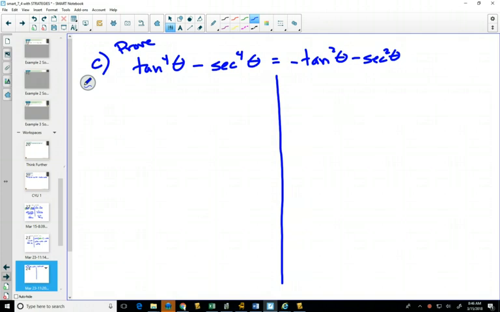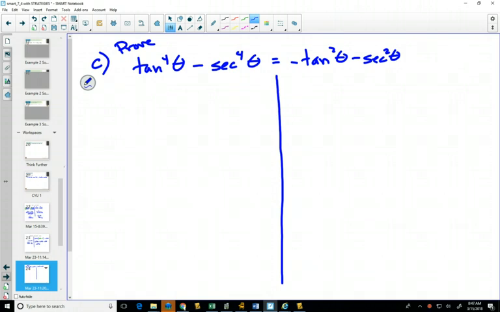And so the first thing that should be triggered for you is, oh, I have formulas that deal with that. So I could change tan squared to secant squared minus 1. Or I could change secant squared to tan squared plus 1. But we also have, on the left side, tan to the 4 theta minus secant to the 4 theta.